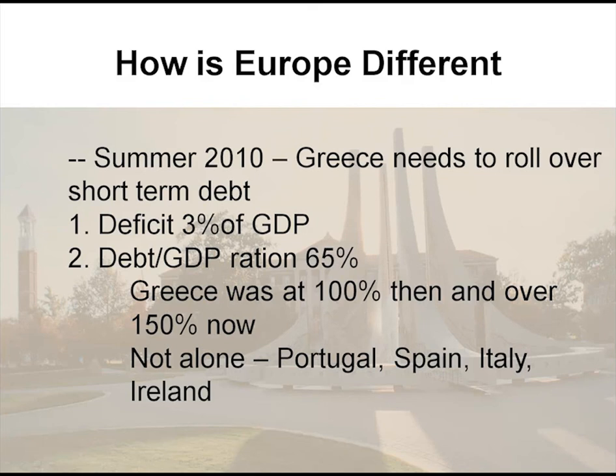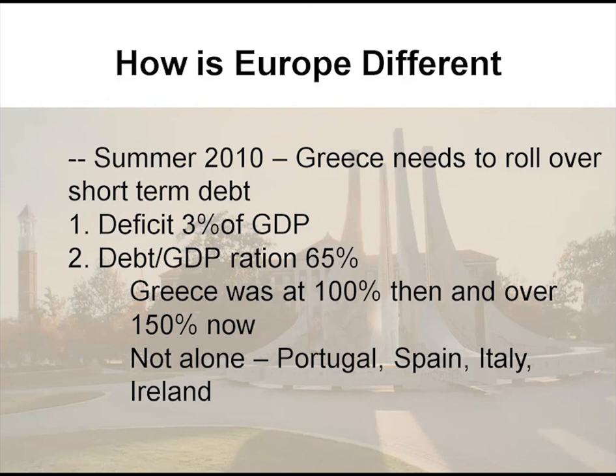Okay. How did all of this come to bear? In the summer of 2010, Greece needed to roll over a lot of short-term debt. And at the time, they were violating the conditions that I've included on this slide. They were way above the 3% deficit to GDP ratio. They were way above the 65% debt to GDP ratio.